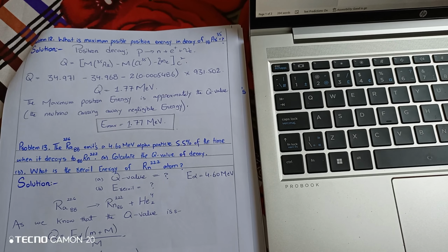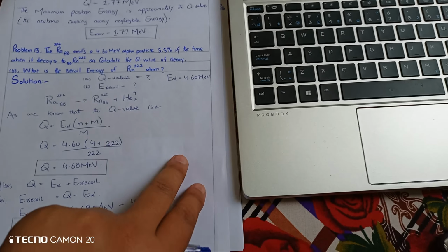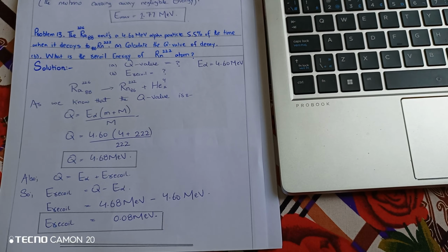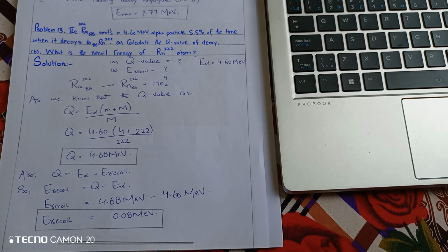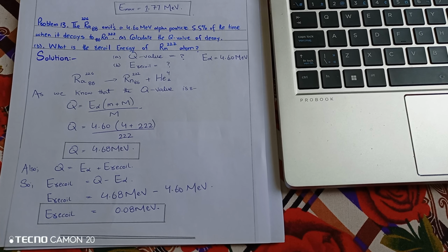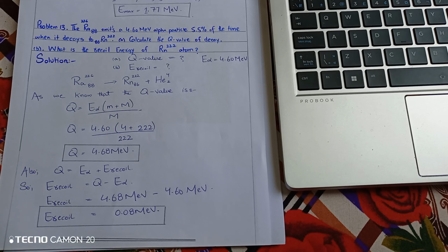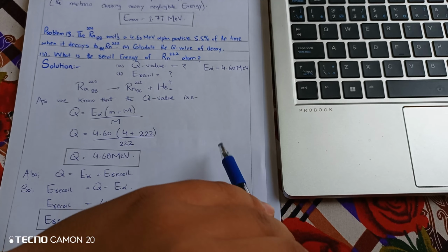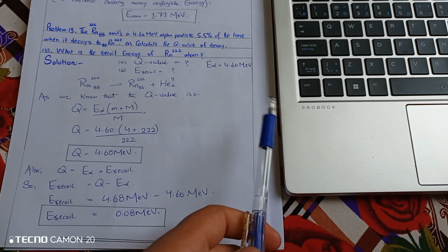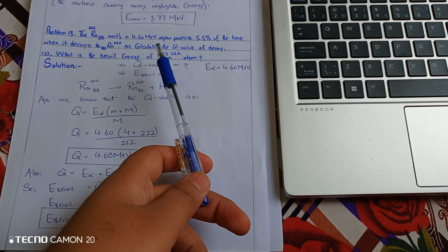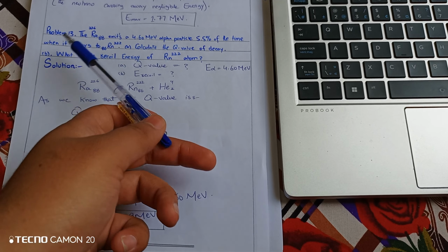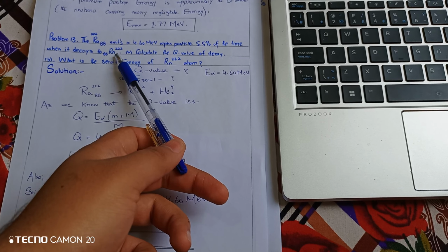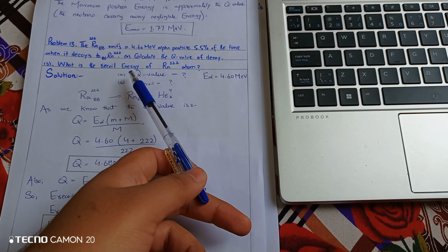Okay, so now let's move on towards our last problem of assignment number 2 of principal methods and applications of nuclear tracks. In this problem, the question is: radium 226 88 emits a 4.60 mega electron volt alpha particle 5.5% of the time when it decays to radon 222 86 Rn.